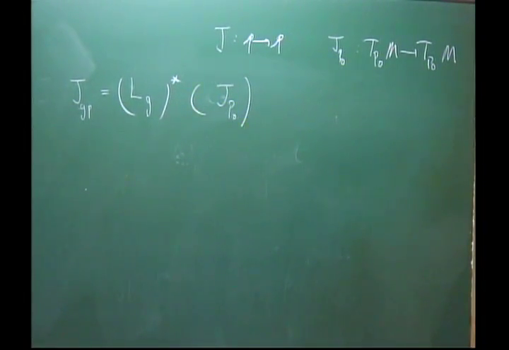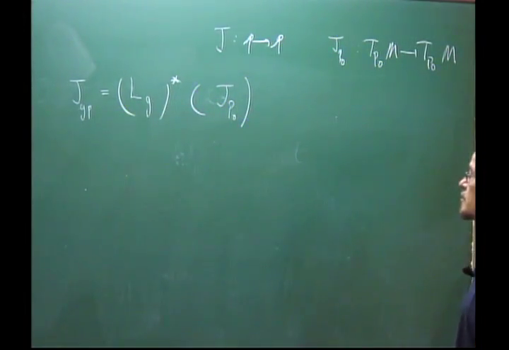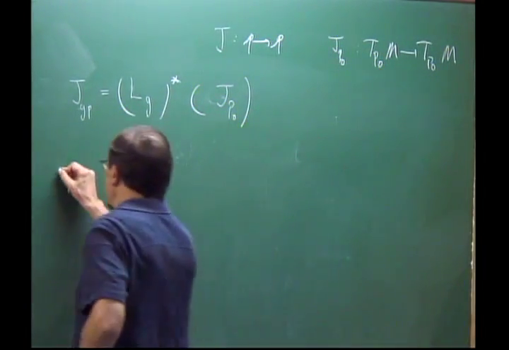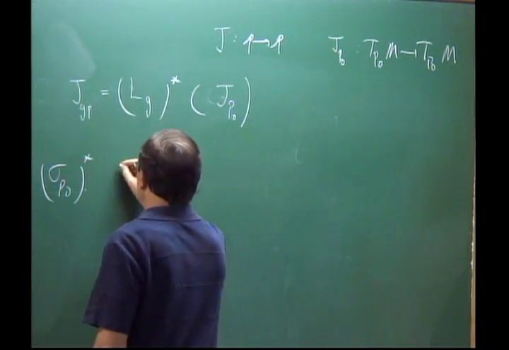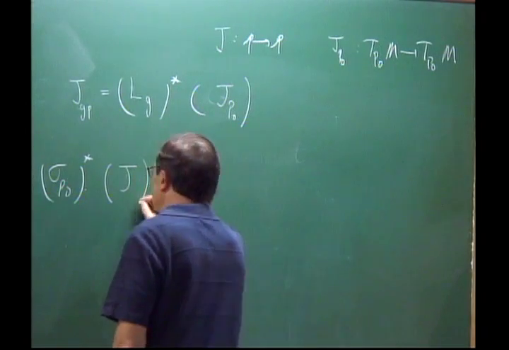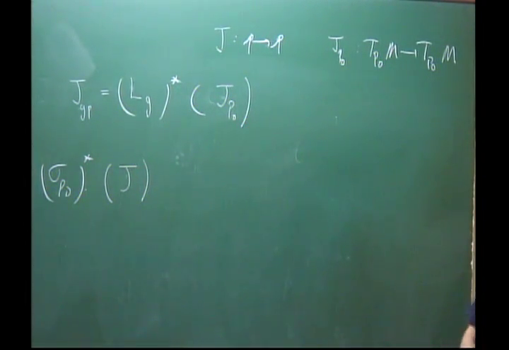Just to have some way to differentiate. So that's my J, and now I want to take sigma P naught star of J. I want to prove it's left invariant. Right, that's my complex structure, which I also want to claim is left invariant.